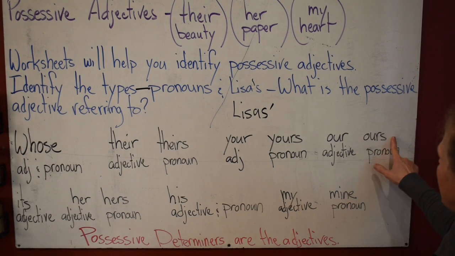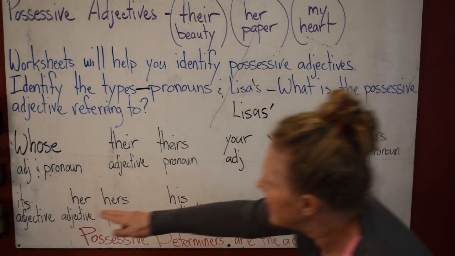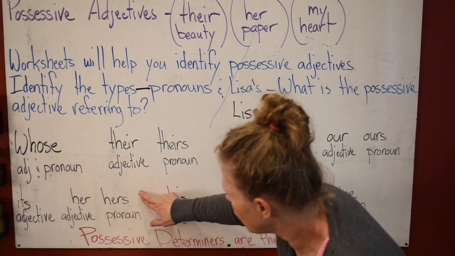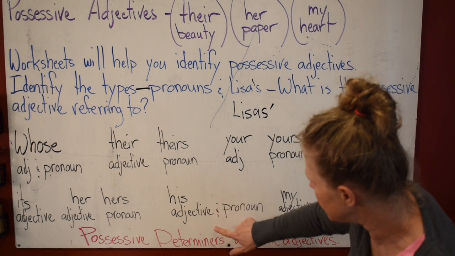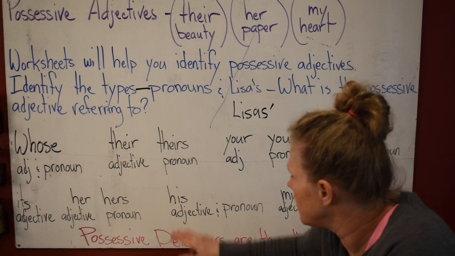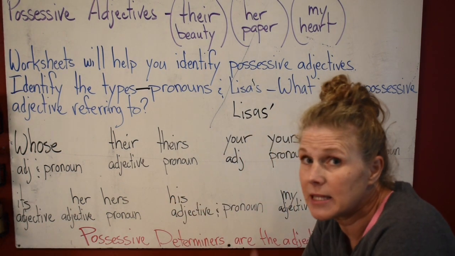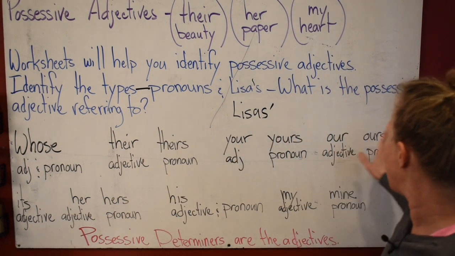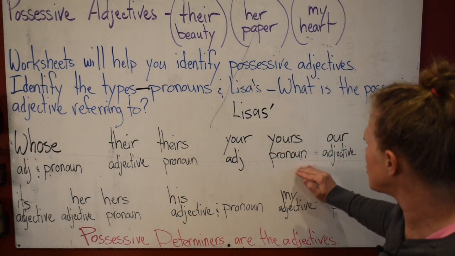Our is the adjective, ours is the pronoun. Its is the adjective, her is the adjective, hers is the pronoun. His is the adjective and a pronoun. So what I think is interesting about his is that it already has an S on it.